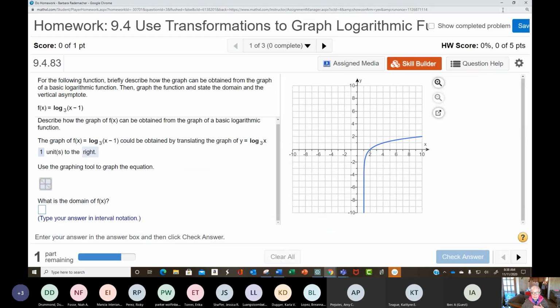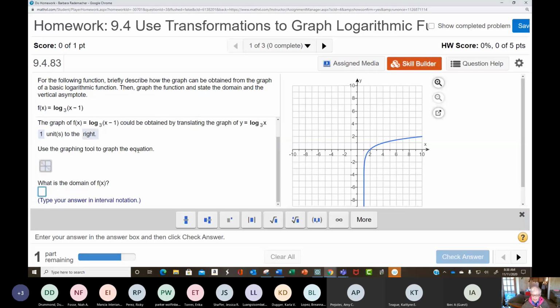So the asymptote would have been x equals 0, but now it's x equals 1. So exciting, I'm getting the hiccups.